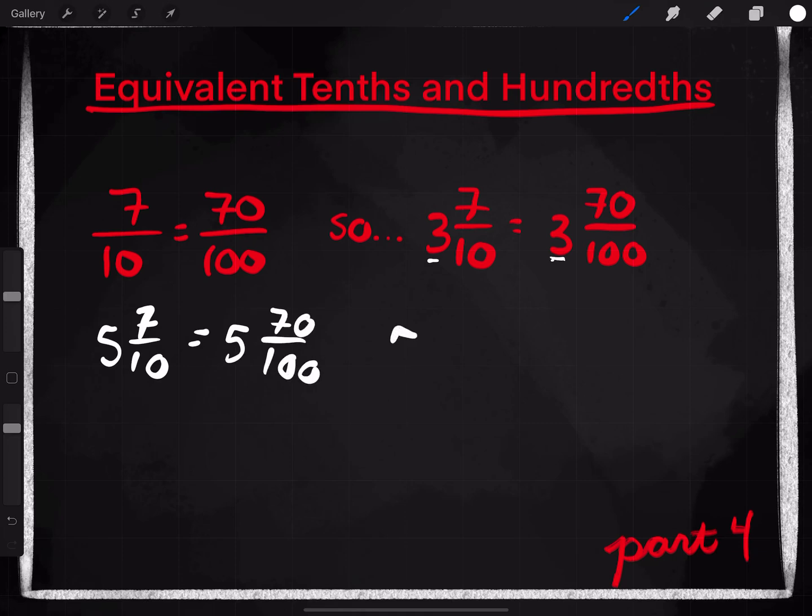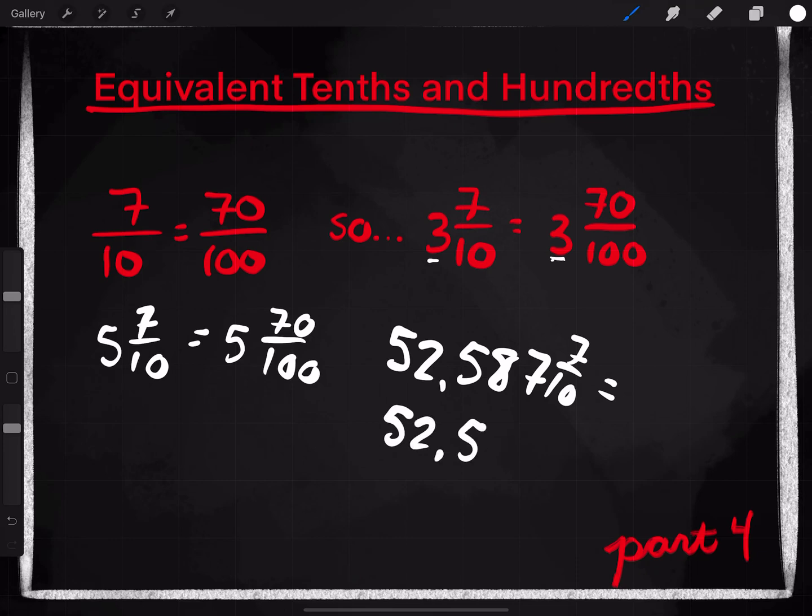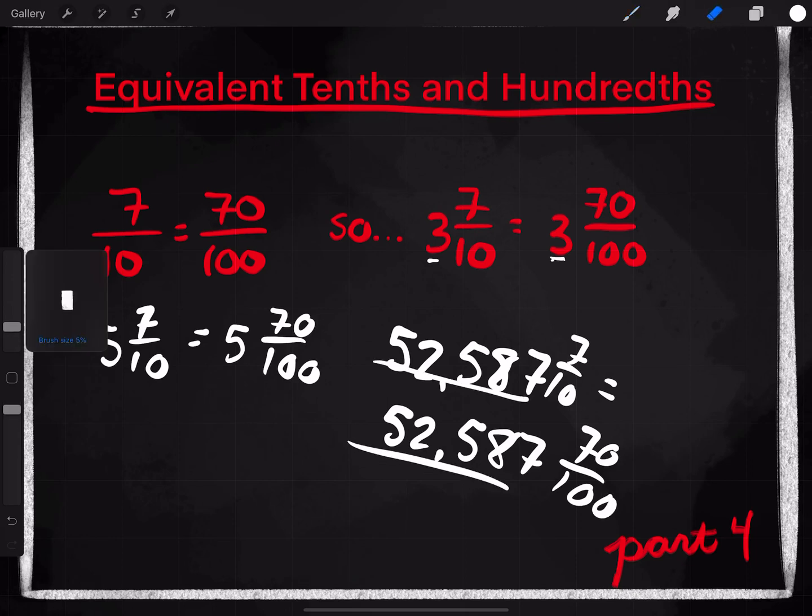You could also say 52,587 and 7/10 is the same as 52,587 and 70/100. So that front number will just stay the same.